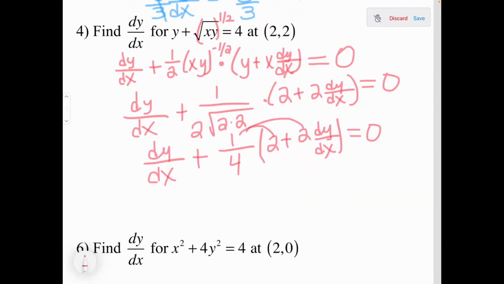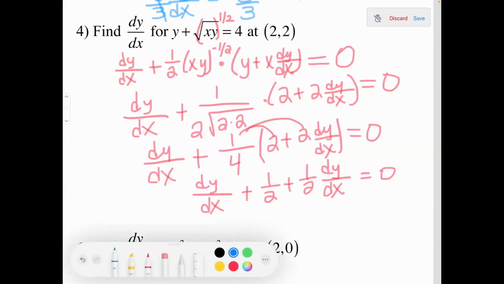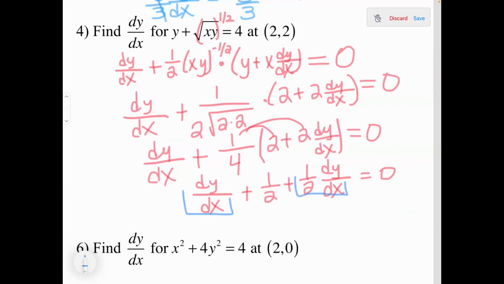Distribute our 1/4. We get dy dx plus 1/4 times 2 is 1/2, plus 1/2 dy dx equals 0. We can combine like terms: dy dx plus 1/2 dy dx is 3/2 dy dx. And this positive 1/2, we can subtract from both sides, and we end up with -1/2.